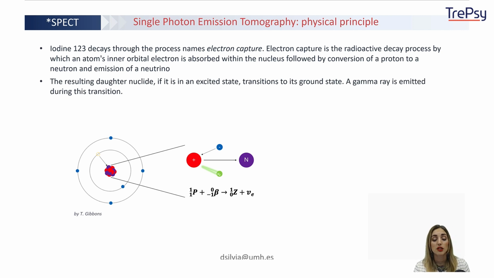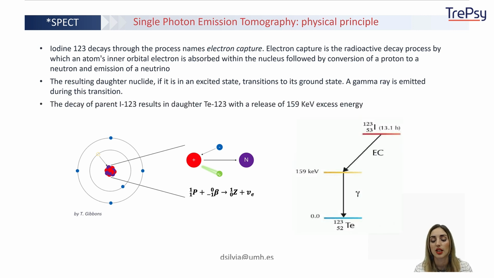The resulting daughter nuclide is normally in an excited state, and so it transitions to its ground state. In this transition, a gamma ray is emitted. In the case of iodine-123, the decay of the parent nuclei results in the daughter, tellurium-123, in an excited state, so it releases the excess energy of 159 kiloelectron volts through a photon.